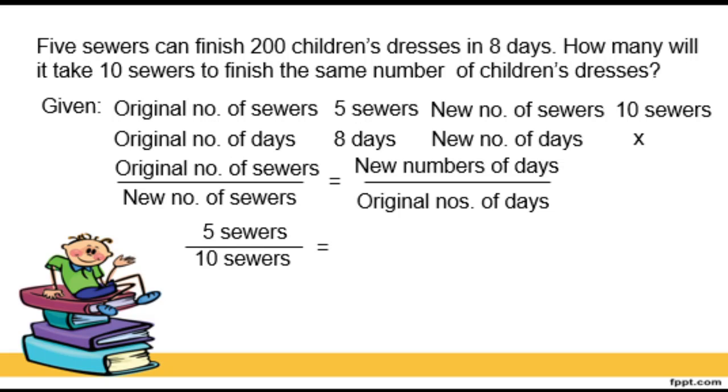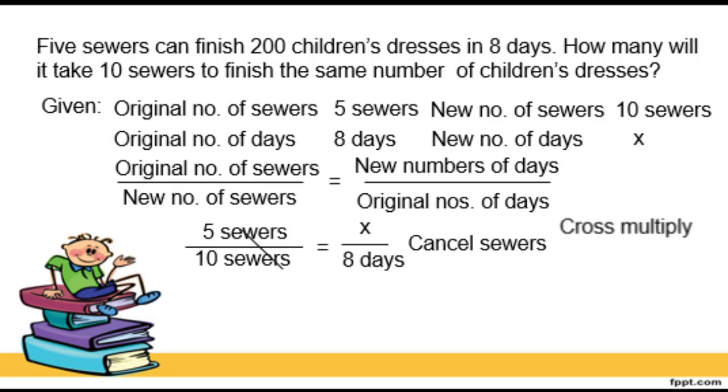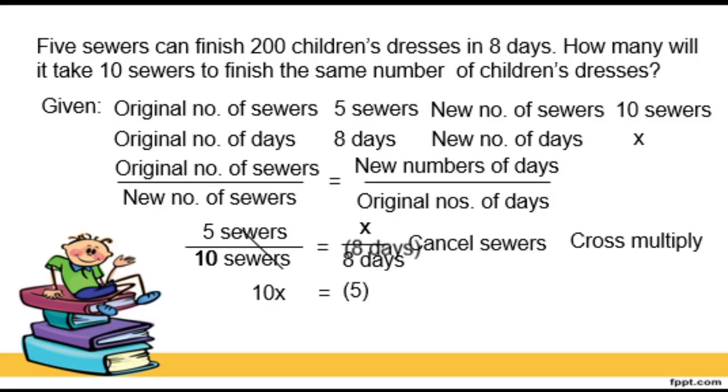So 5 sewers over 10 sewers is equal to x over 8. Now, we can cross multiply. So that will become 10 times x is equal to 10x, and 5 times 8 is equal to 40.